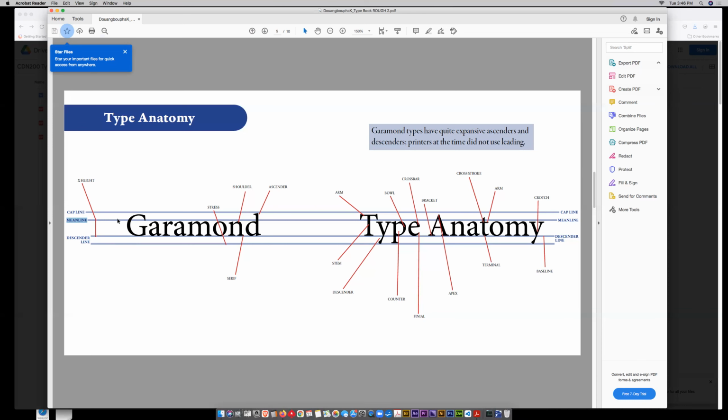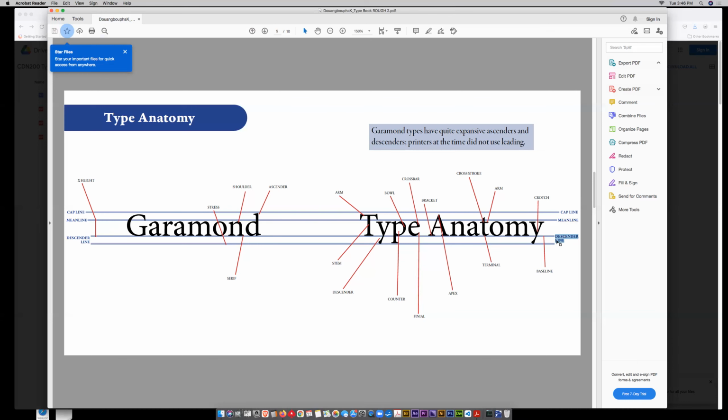So caps line and descender line, I think the descender line would definitely be the bottom line of them. But yeah, I think waistline and baseline. Baseline, I'm definitely positive. Well, actually, yeah, you're pointing to baseline there.